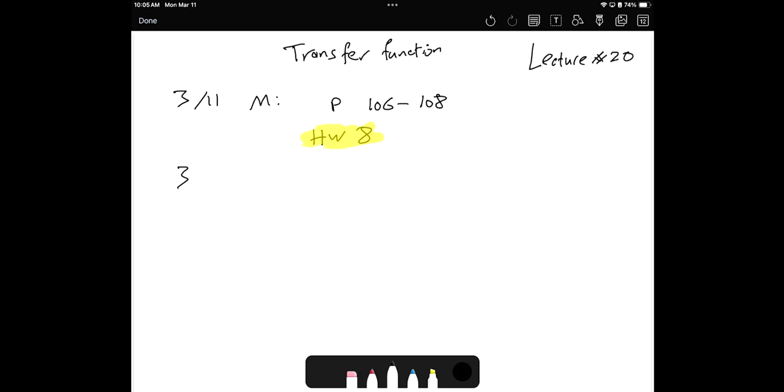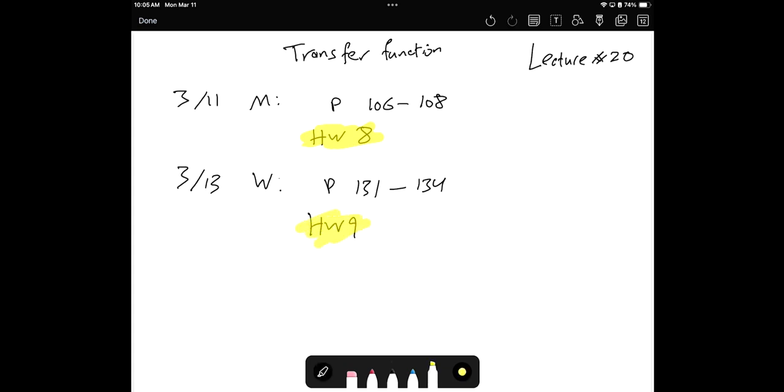And on Wednesday, the readings are from page 131 to 134, and there is another homework, number 9.